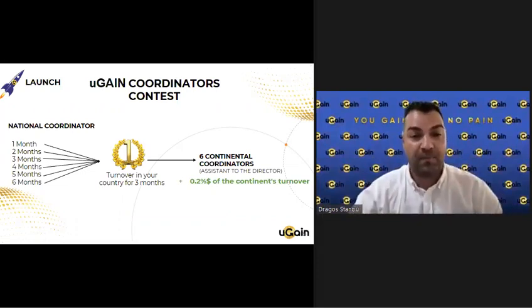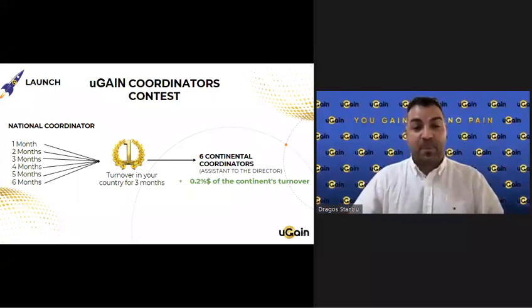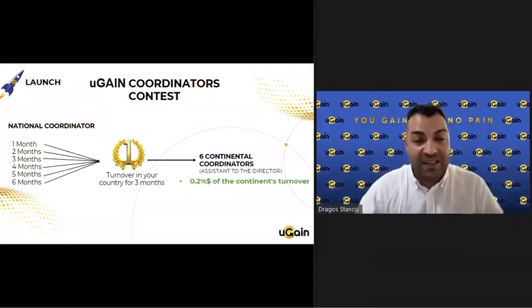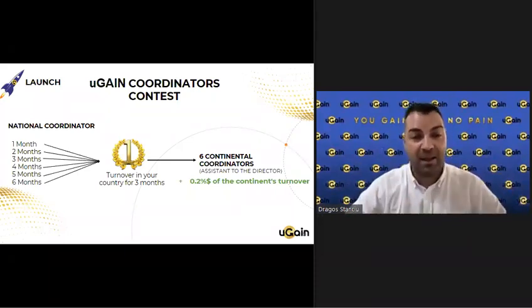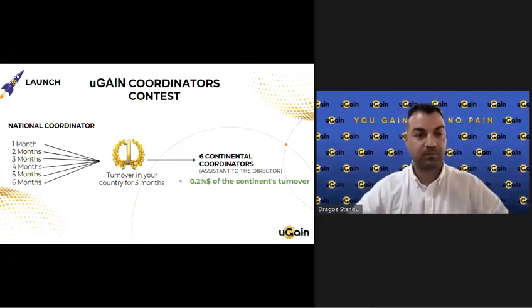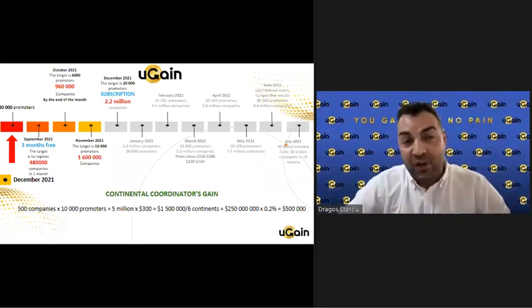And imagine that we add the uGain functionality here. And all of us have the opportunity to make our career with that and become a very responsible person. It's big responsibility, but it is big earnings as well.